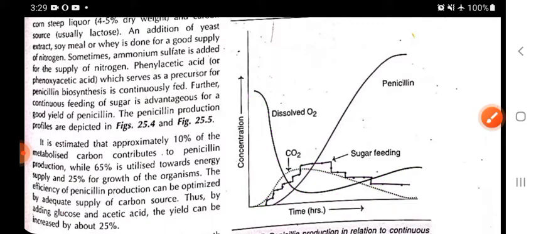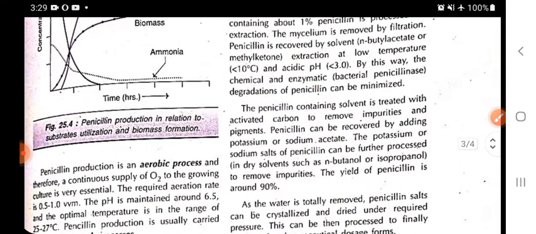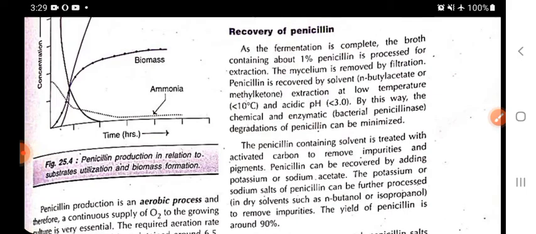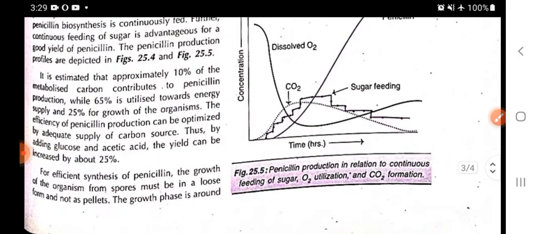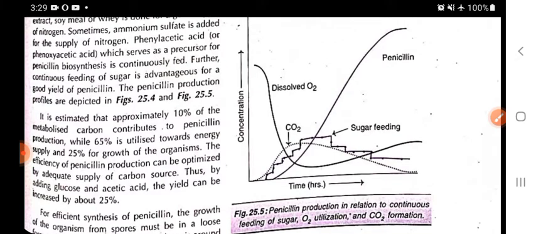So the previous graph shows penicillin production in relation to substrate utilization and biomass formation. And the second graph shows continuous culture, where we continuously supply all the nutrients, and what the rate of penicillin production will be.